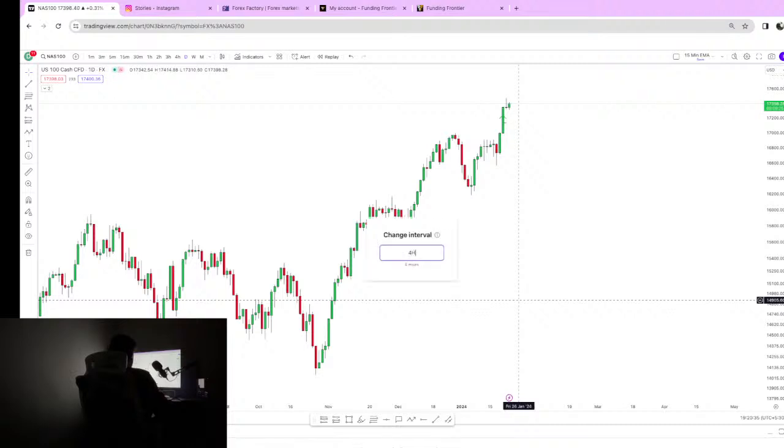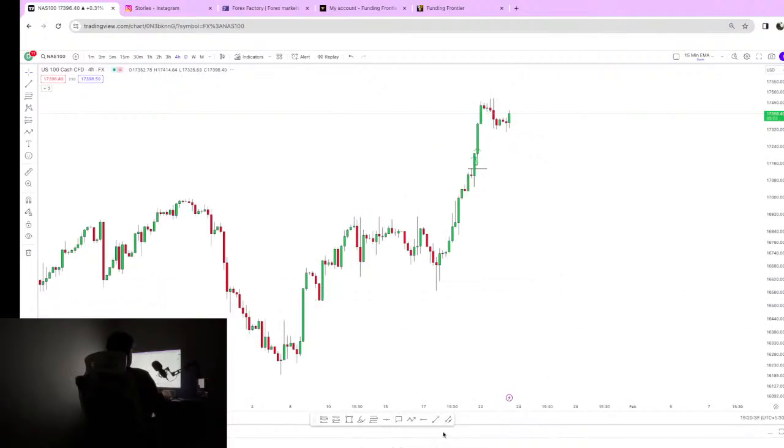Next is the 4-hour time frame. It's making another higher high, then another higher low. It may proceed upward and make another higher high, or it may proceed down and form a lower high and a lower low. So nothing can be said very clearly right now.